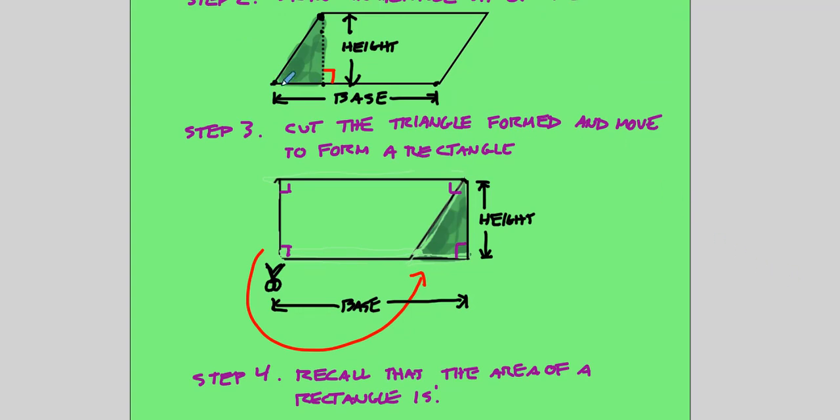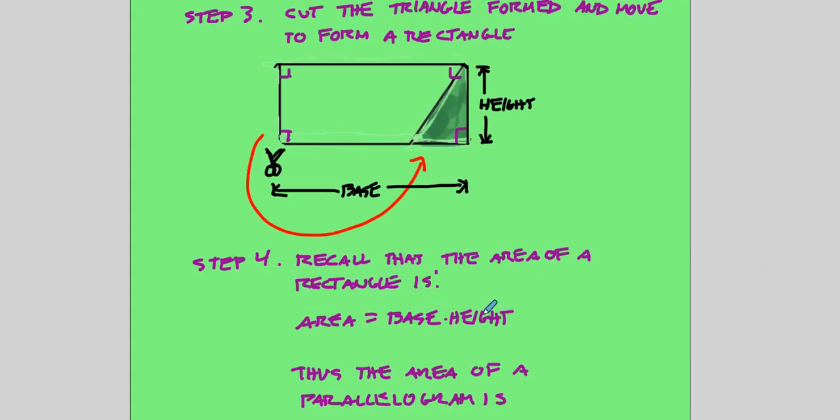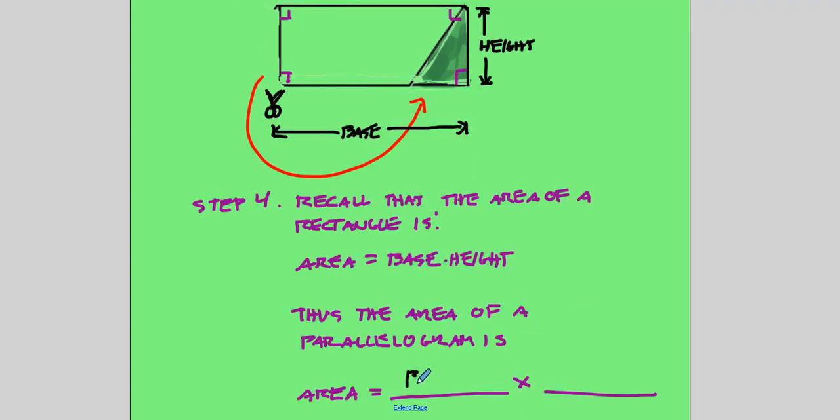Now notice this base doesn't change, because all I'm doing is shifting the piece over, so this base and this base are equal in length. So now I have a rectangle, and recall that the area of a rectangle is simply base times height. Thus the area of a parallelogram is also going to be base times height.